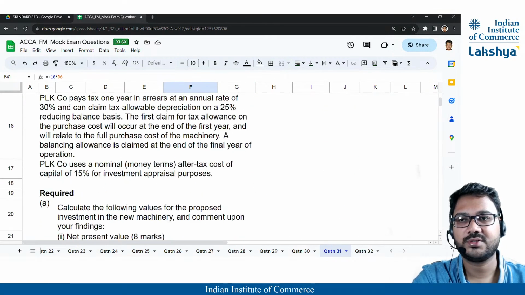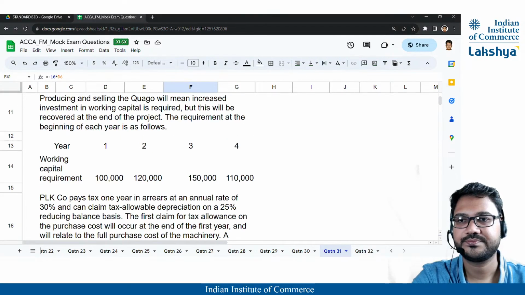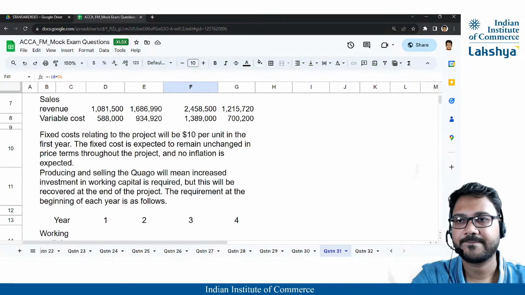Then this is, yeah, fixed cost is, oh, wait a minute. There's something relating to fixed cost. Fixed cost relating to project will be $10 per unit in the first year. The fixed cost is expected to remain unchanged in price terms throughout the project and no inflation.